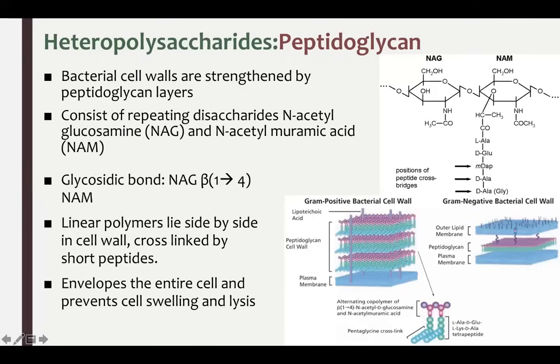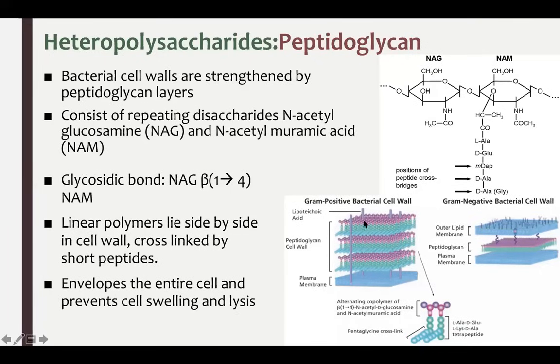Then we discussed earlier about the peptidoglycan. You know that there are 2 types of bacteria, gram-positive bacteria and gram-negative bacteria. So there is the plasma membrane of the bacteria, and this part is called the cell wall of the bacteria.